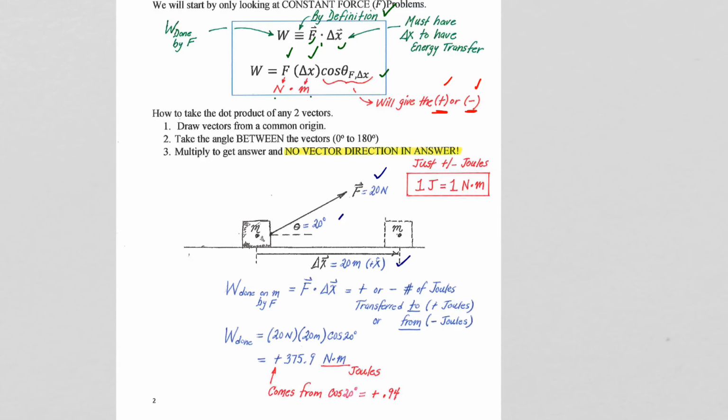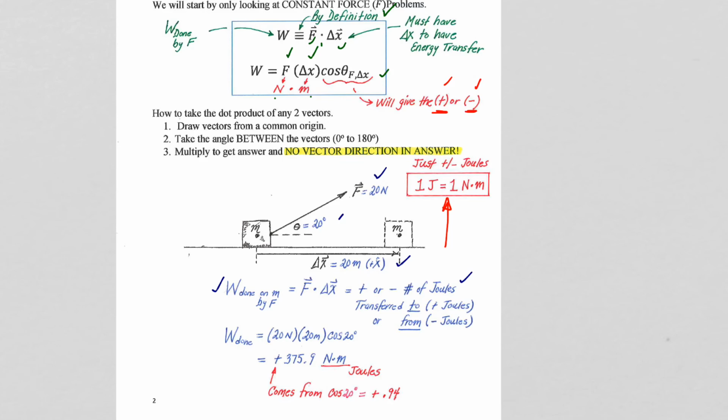The work done on a mass equals F dot delta X, equals plus or minus the number of joules of energy, because 1 joule equals 1 newton meter. I'll bet your chemistry teachers never told you that, but it is true.